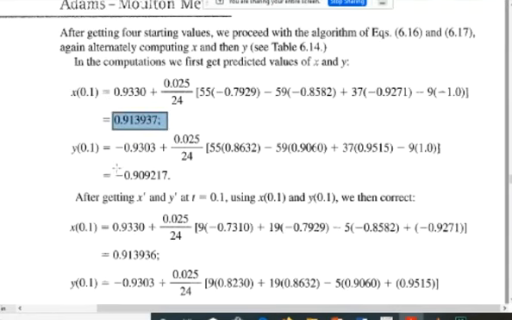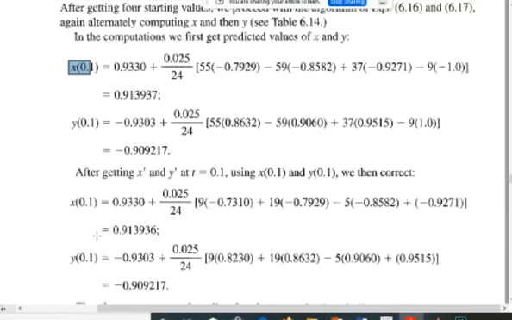The value of y can be computed at this value, and by evaluating the derivatives of x and y at this step, using these two computed values, we can correct these two values in the correction formula as well.